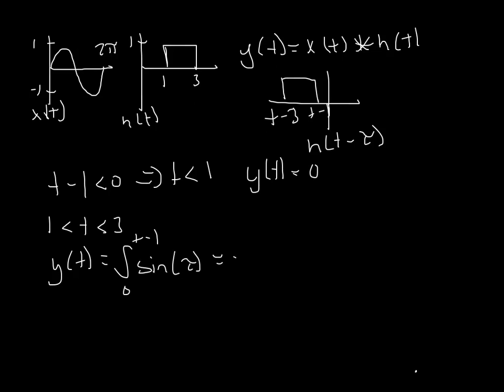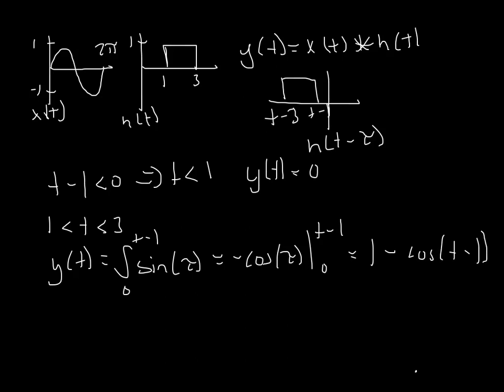And that's going to equal the negative cosine of tau from 0 to t minus 1. So when we do that out, we're just going to get cosine of 0, which is 1, minus cosine of t minus 1.